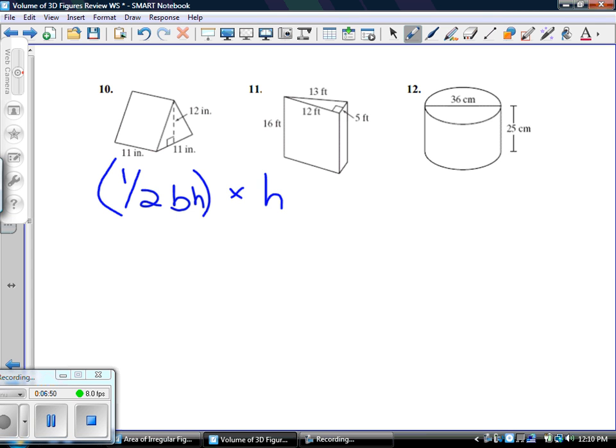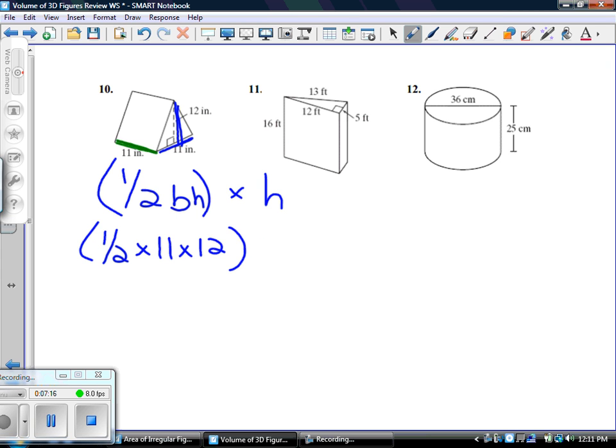So in this first problem, number 10 on the left, the base and the height of the triangle create the 90-degree angle here that I'm tracing. And so it's 1/2 times 11 times 12. And again, that's only focusing in on that triangle. I'm going to switch colors here just real quick so you can see that this height, the second one, actually comes from the connection between the two triangular bases that are opposite each other.